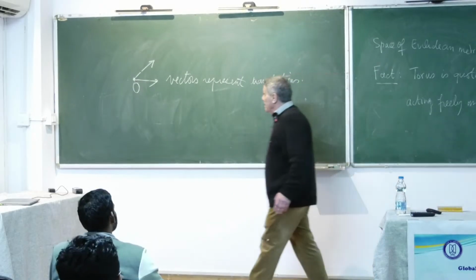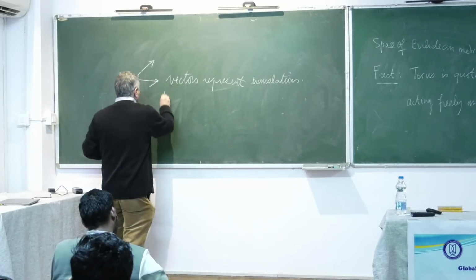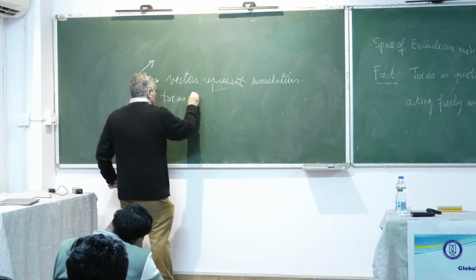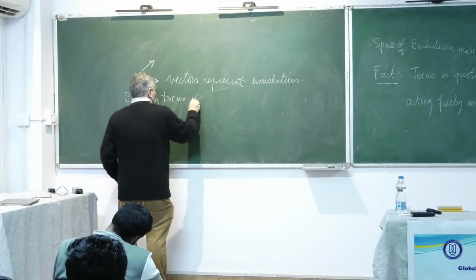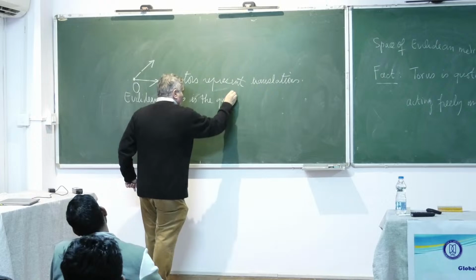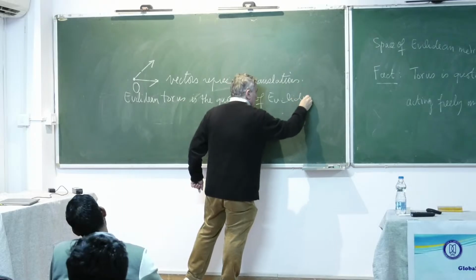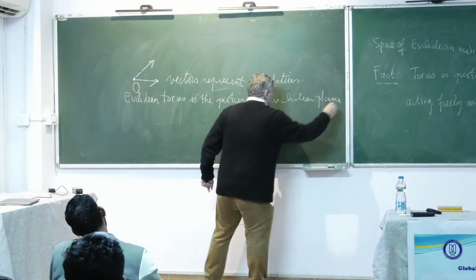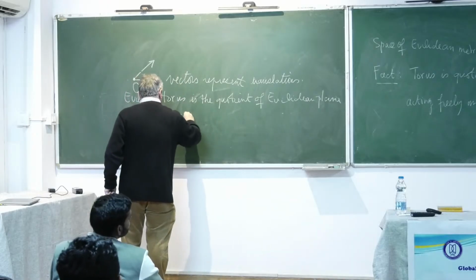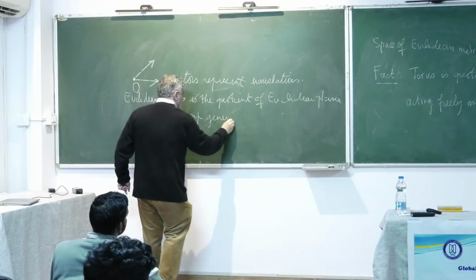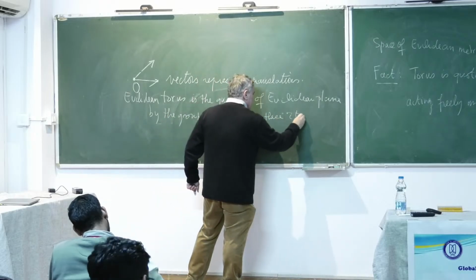So what I mean here is that the Euclidean torus is the quotient of the Euclidean plane by the group generated by these two translations.